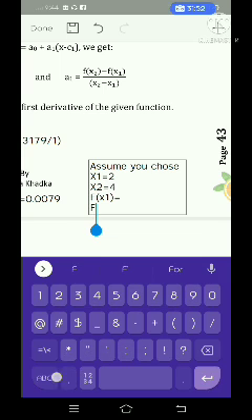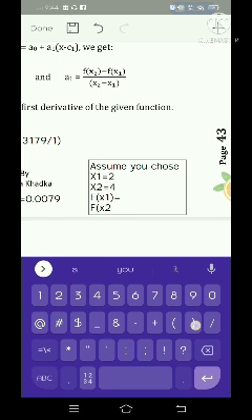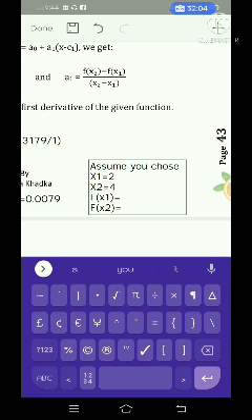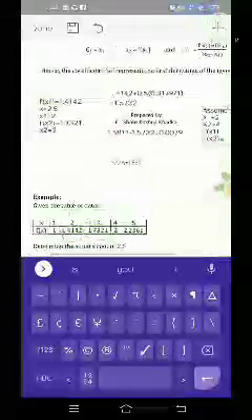Okay? So what will be your fx1 and fx2? Don't mind yung letters, small tsaka capital. Basta yung I refer it to fx1 and fx2.